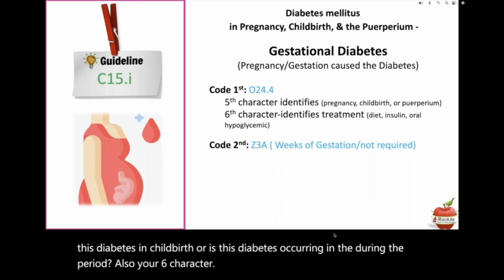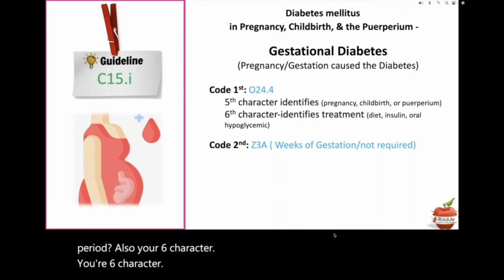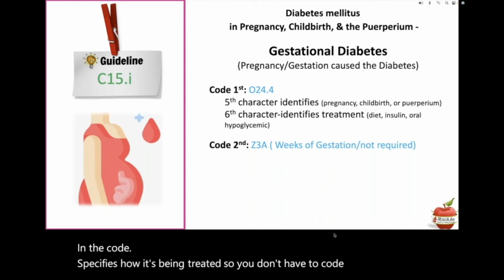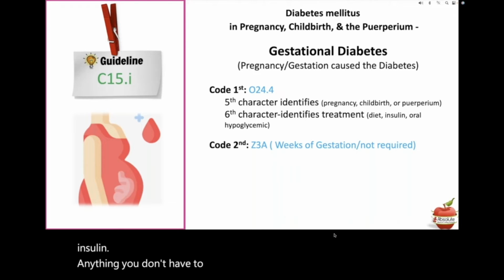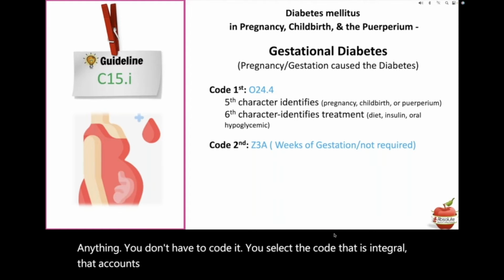Also, your sixth character in the code specifies how it's being treated. So you don't have to code additionally insulin or anything. You select the code that is integral, that accounts for that.